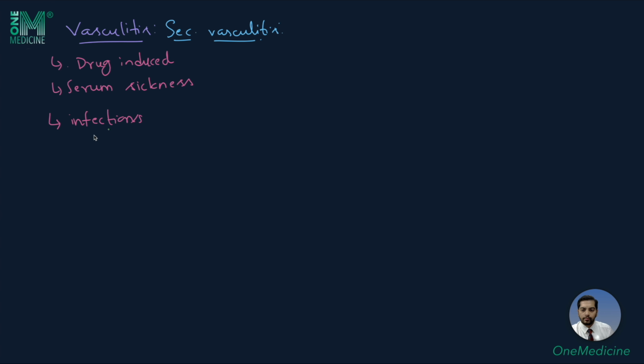Now that we have understood primary vasculitis, let's look at secondary vasculitis. The important ones among these are drug-induced vasculitis, serum sickness, vasculitis associated with infections, malignancies, and rheumatic diseases.